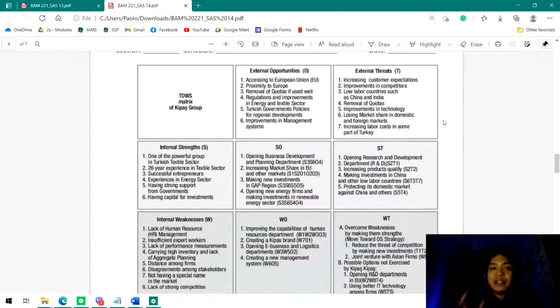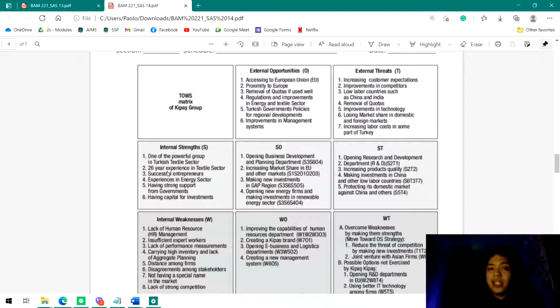So we use the strength that we have. Ang strength natin dito is yung 26 years of experience in textile sector or S2. We use this particular strength in order to overcome the threat of increasing customer expectation.